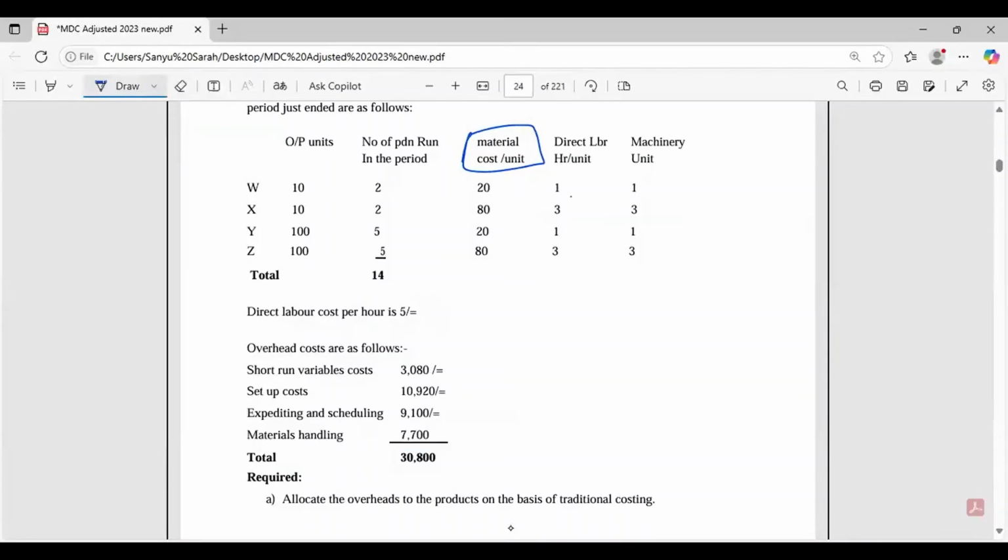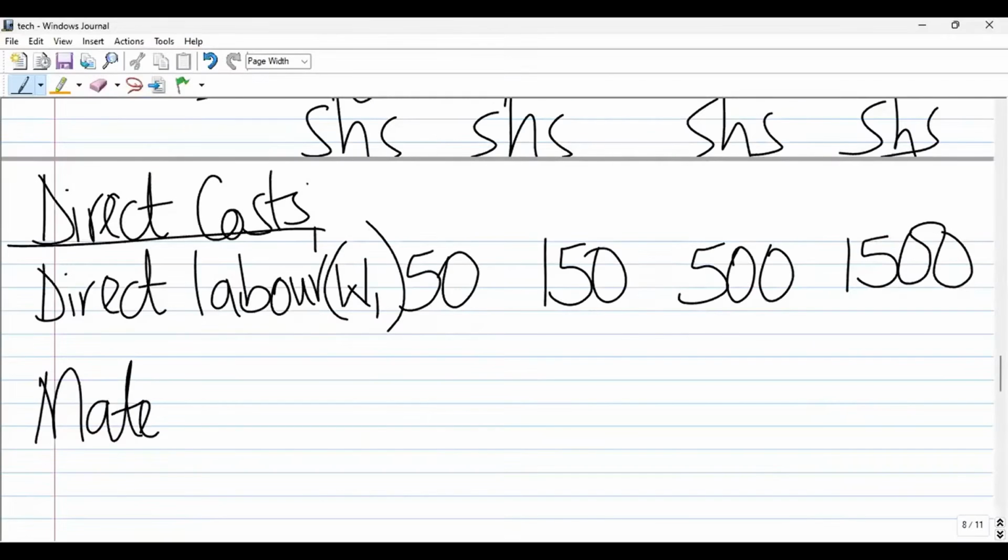So that means we are going to multiply with the number of units which were directly given. So I can come and I show material cost. If the working is not detailed, you can just show it here on the face without creating a working.